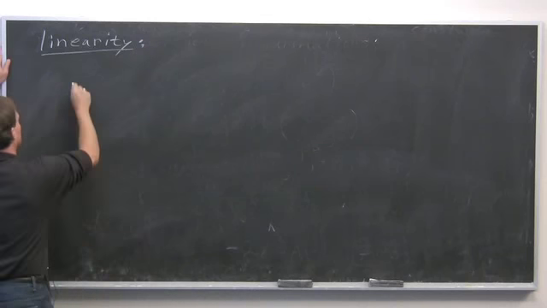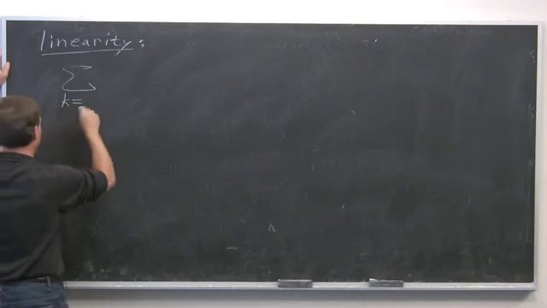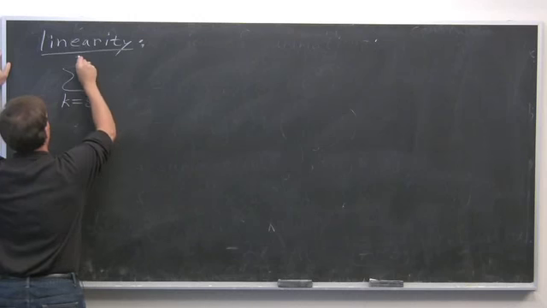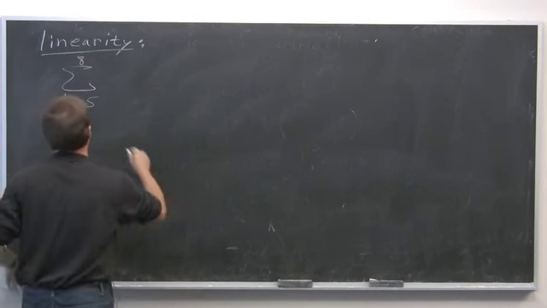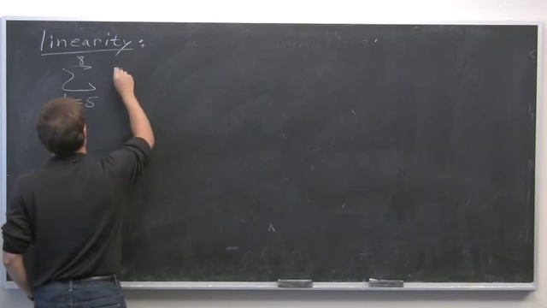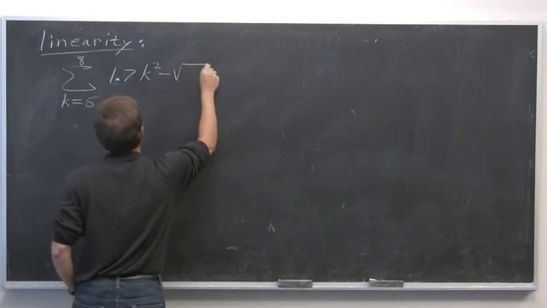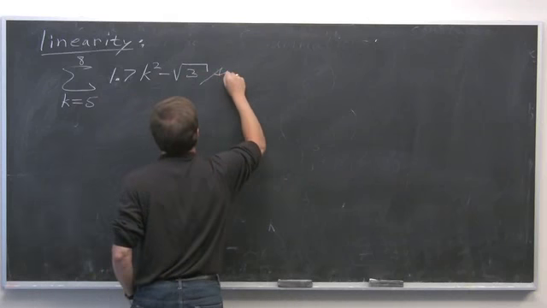And again, it's nicest to give this as an example. I'll start with the sum as k equals 5 to 8 of, I don't need to pick integers, how about 1.7 k squared minus the square root of 3 times the sine of k?